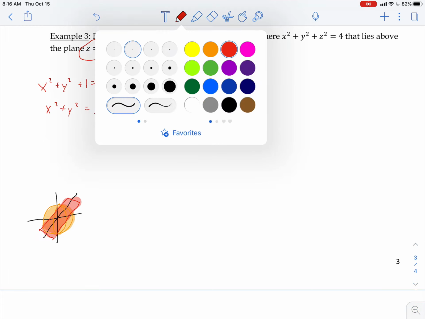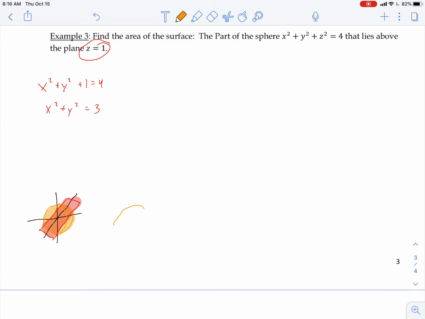What I have is the top portion; we had the whole sphere, and we're just cutting it right there, and we're trying to find the surface area above.